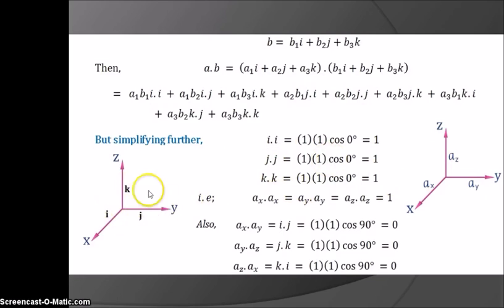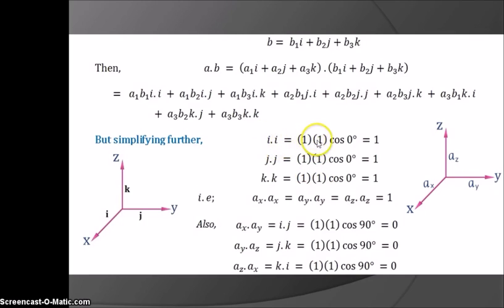Either way, ijk are unit vectors. Lowercase ax, ay, az are also unit vectors, depending on your choice or textbook you are reading. So here, since they are unit vectors, remember unit vectors have magnitude of 1, so that's why we have 1 everywhere.